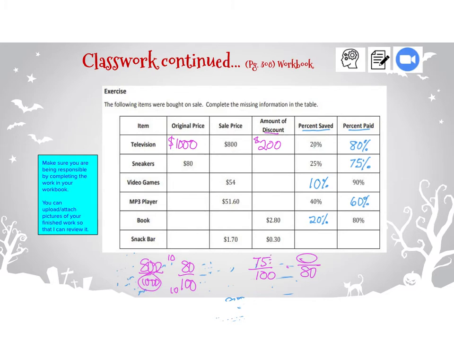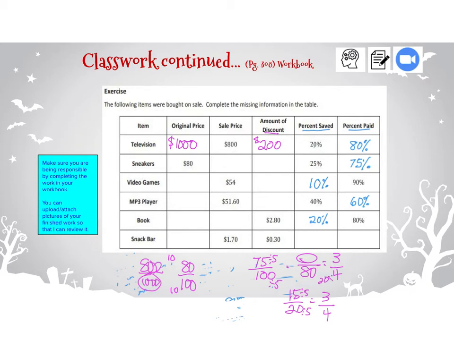If I divide that by 5, I get 15 and then 20. Can I divide that again? 15 divided by 5 and 20 divided by 5, and I get 3/4. So now I'm going to put that 3/4 here, and I'm going to go 4 times what gives me 80.